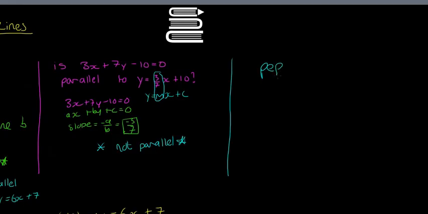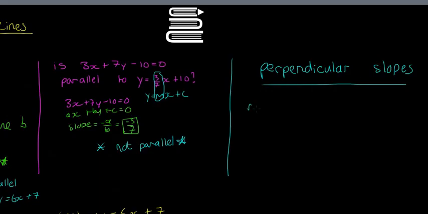Perpendicular slopes: if, say, slope m1 is equal to 2 over 3, then m2, which is perpendicular to it, is just going to be minus 3 over 2.